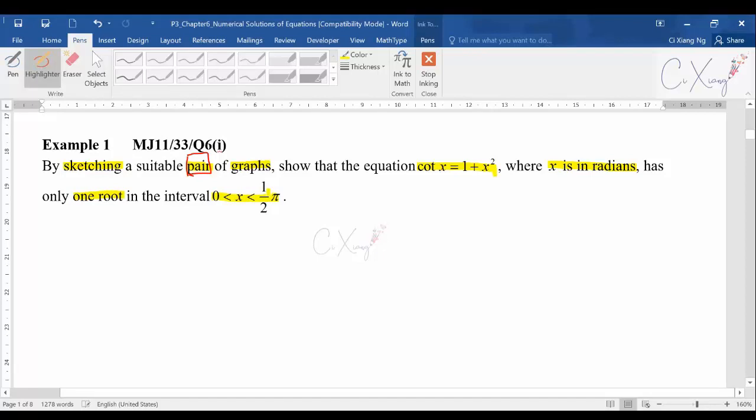So there are a lot of important phrases here, important words here. The first one is, they ask you to sketch 2 graphs, a pair of graphs. And the second thing is, what kind of graph should you sketch? You should sketch a graph of this equation.